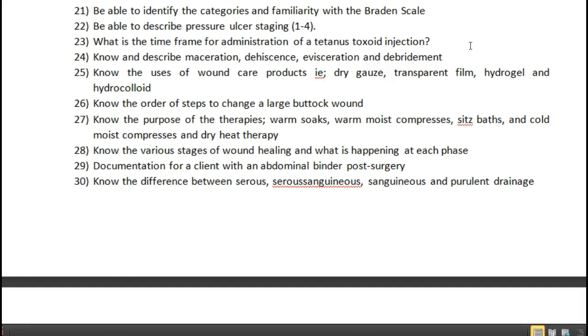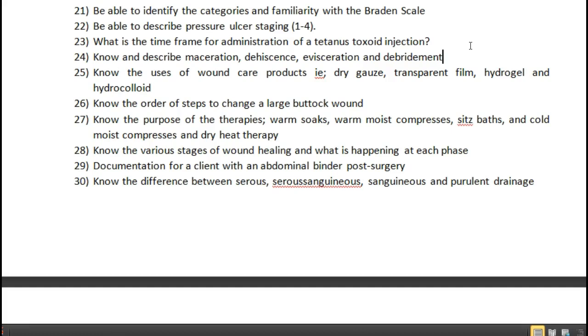I could start off with telling you that maceration is kind of like when the skin is beginning to break down.